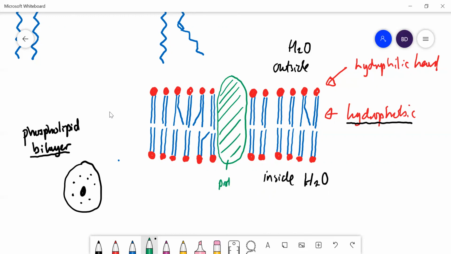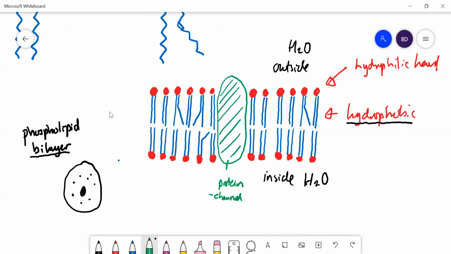So you do have proteins, integral proteins, embedded in the phospholipid membrane, and they do all different sorts of jobs. So, for example, it may be a channel, a path where an ion can pass through from the outside into the inside.